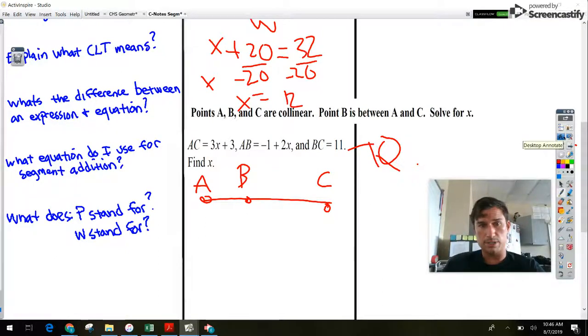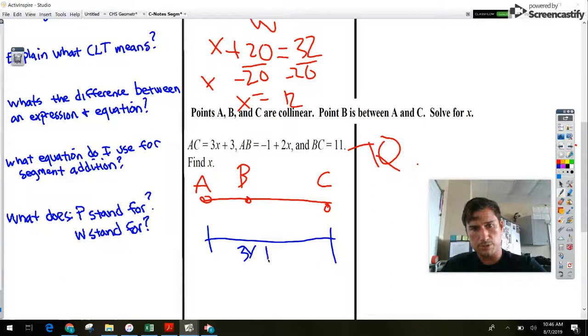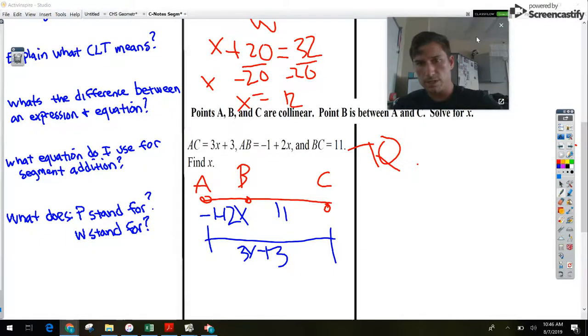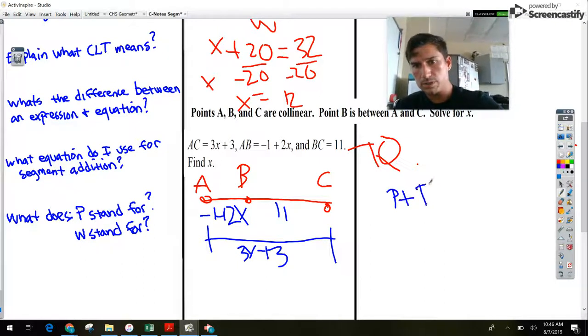So then we label it up. We have AC, which is the entire segment, and that's 3x plus 3. AB is negative 1 plus 2x. BC is 11. Now we can use our formula here: part plus part is equal to whole.